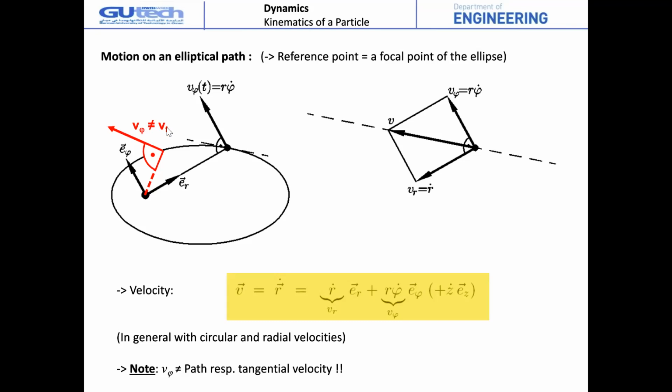Here, V phi is different from the tangential velocity Vt. V phi is in this direction, but it is not the tangential component. It is equal to the tangential component only when the path is tangent to the elliptic path.